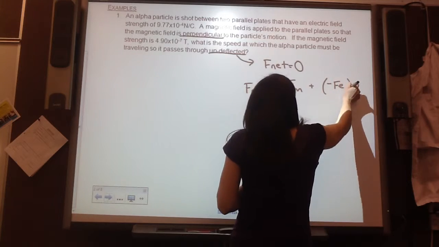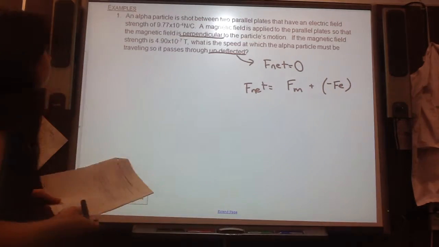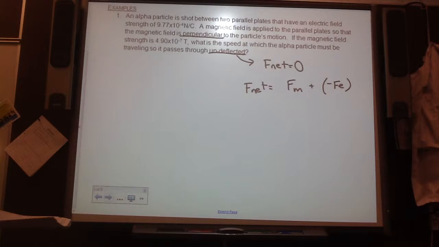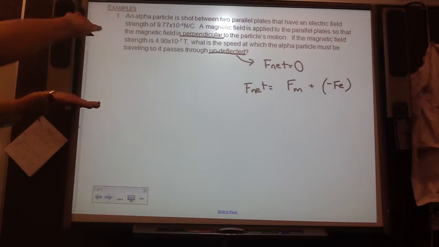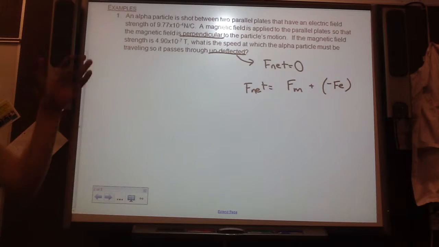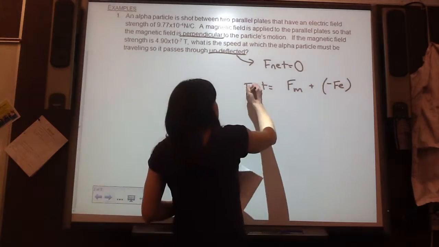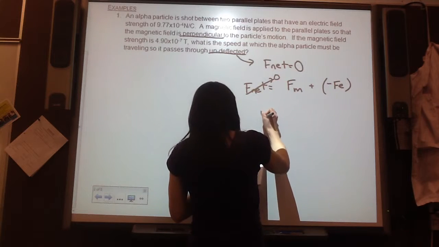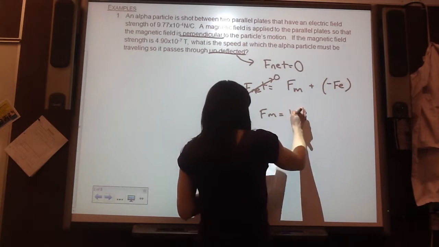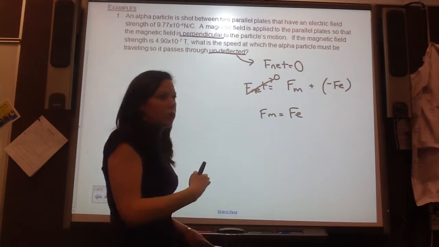Now, here, we're assuming its magnetic field is applied in a way that it needs to be undeflected, so the magnetic field and the electric field need to be running opposite here. So since F net is 0, now we can say Fm is equal to Fe for this question.